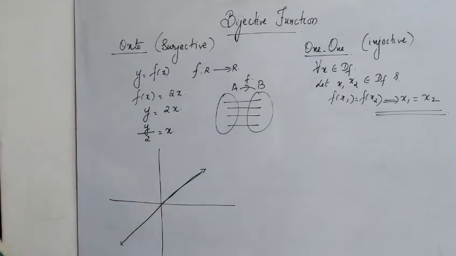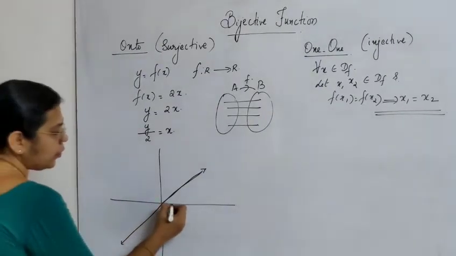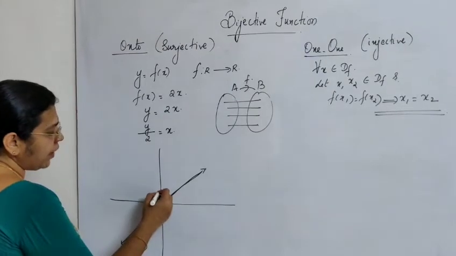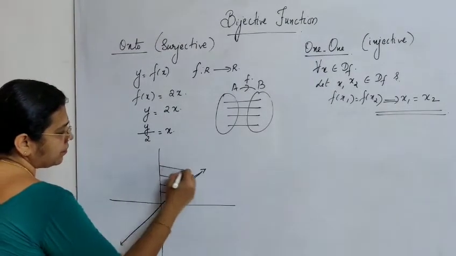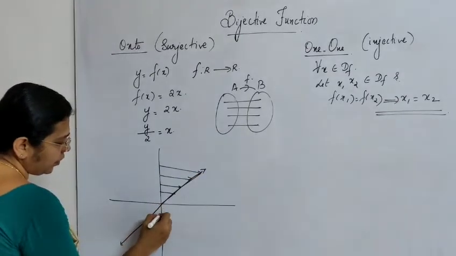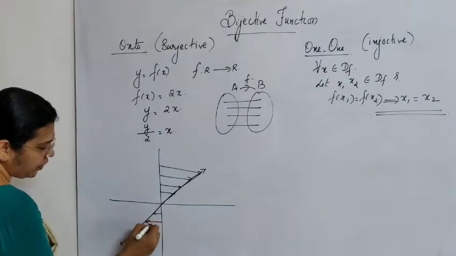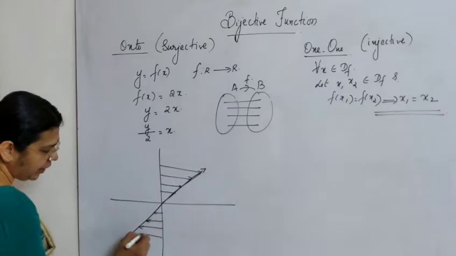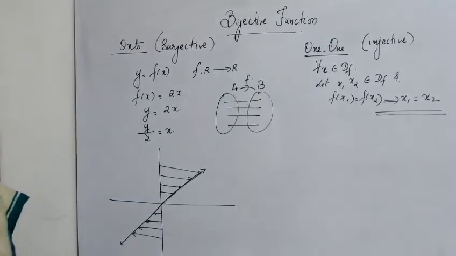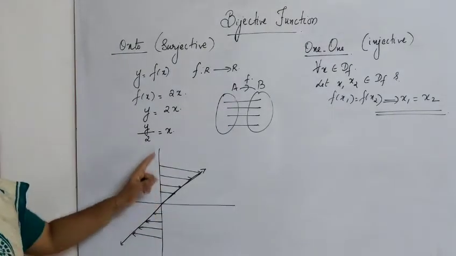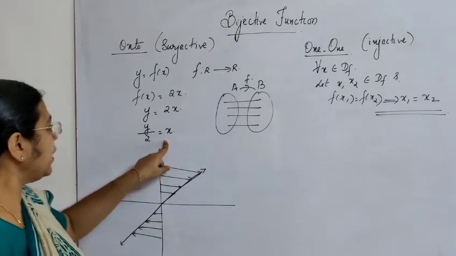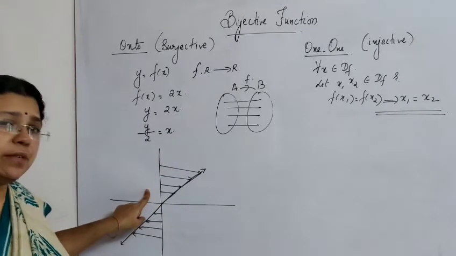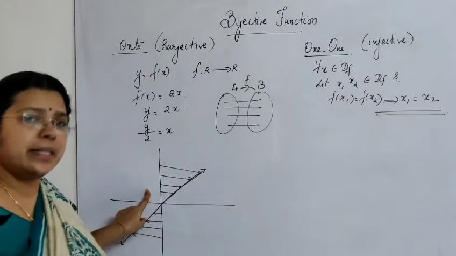Here, corresponding to every y value, you can find a unique x value. Got it? So that means this is an onto function. None of the values in y is left just like that.